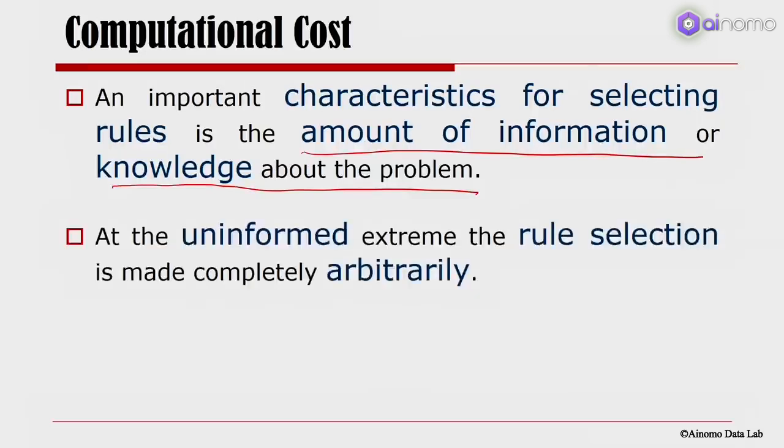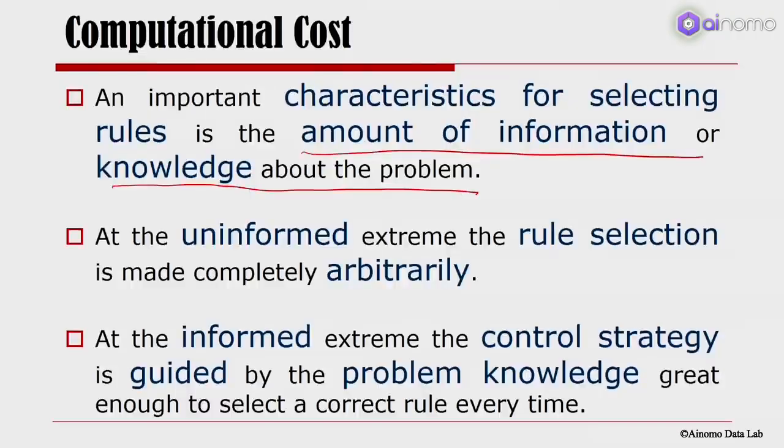At the uninformed extreme, when we do not know anything about the problem, the rule selection can be made completely arbitrarily. It doesn't matter which rule I select because I don't know anything about the problem at all. At the other extreme, when I know almost everything about the problem, I have the informed extreme. The control strategy is guided by the problem knowledge, and this guidance is great enough to select a correct rule every time.